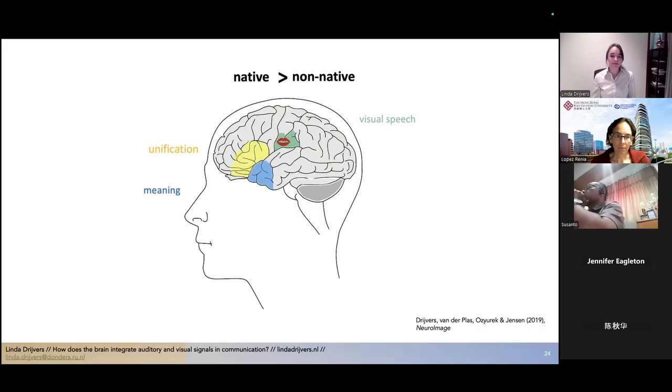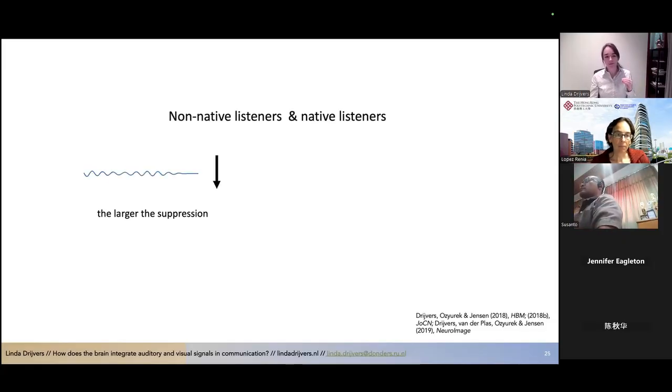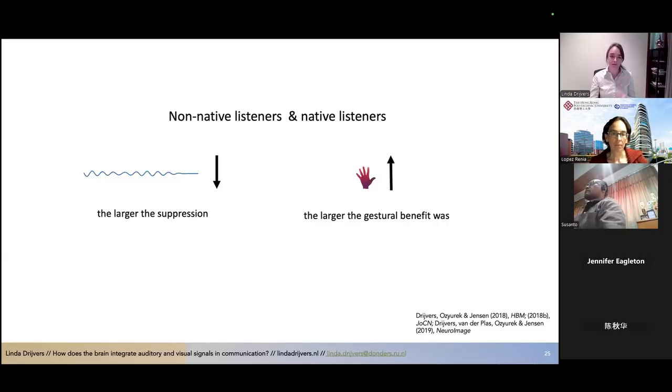So if you cannot glean this phonological information, you also cannot really couple this to the meaning and unify all of this information together in a similar way as the native listeners. Now, again, for the non-native listeners, we saw that the larger this alpha power suppression was, the larger the gestural benefit was. So again, we saw a very strong link between brain and behavior.